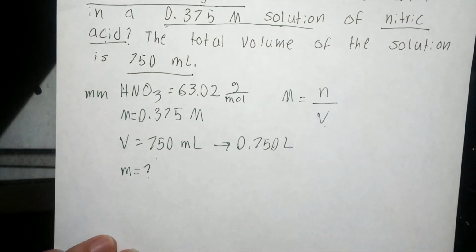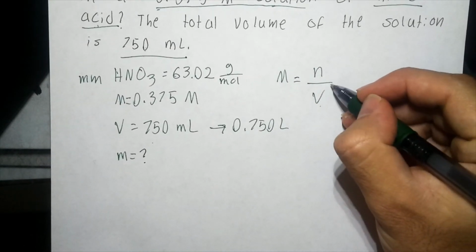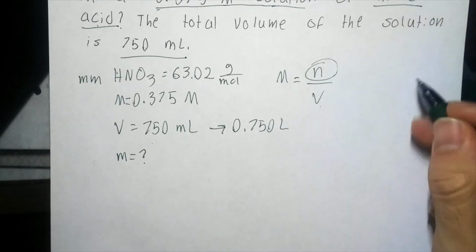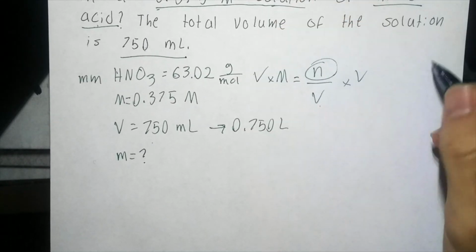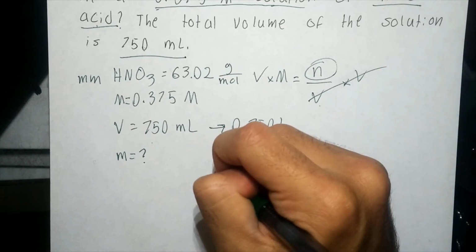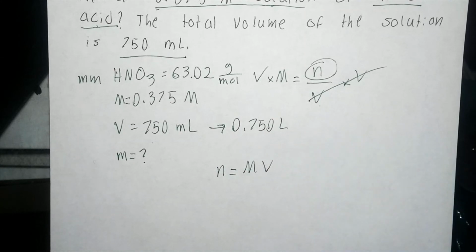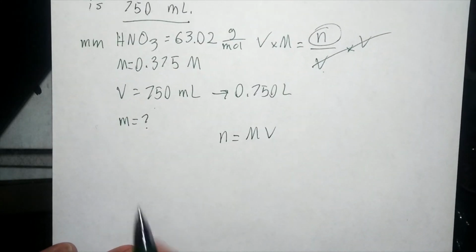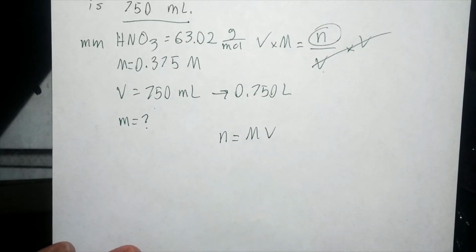Okay, so let's rearrange this equation to solve for n. First, we're going to multiply both sides by V. That means that V gets canceled out on the right side, and now n is by itself. So we have n is equal to big M times V. Now we can plug in our big M and our V to solve for moles.